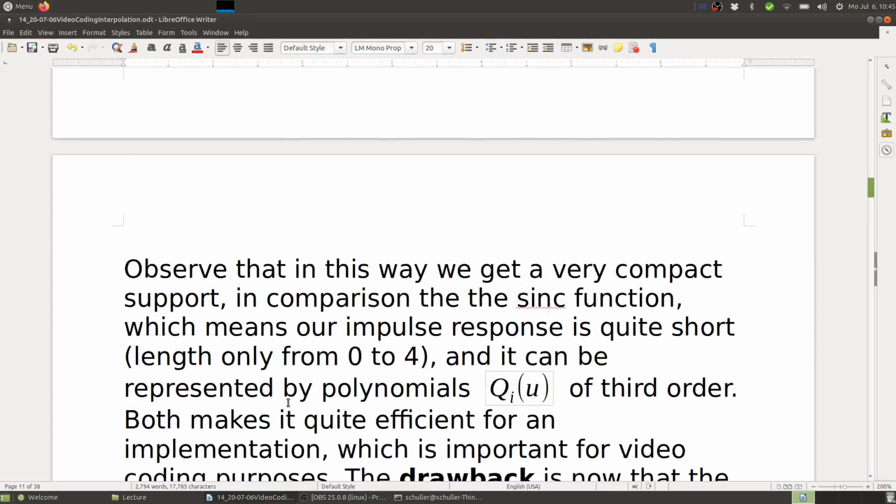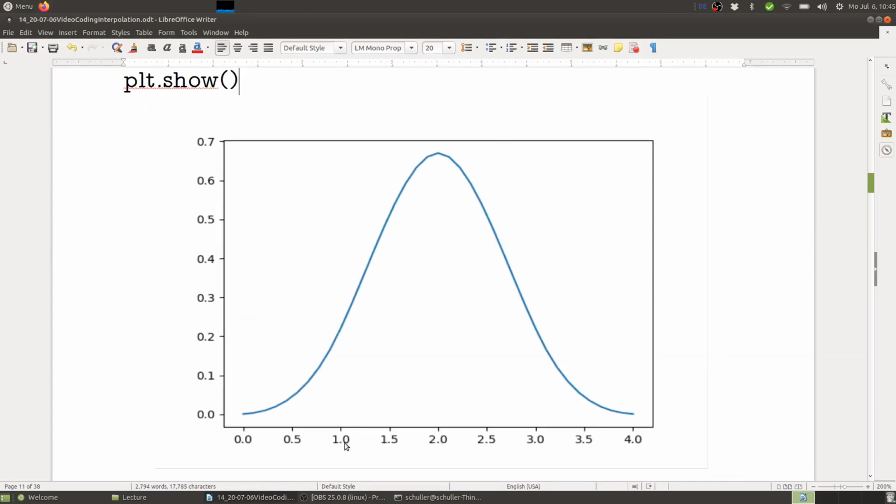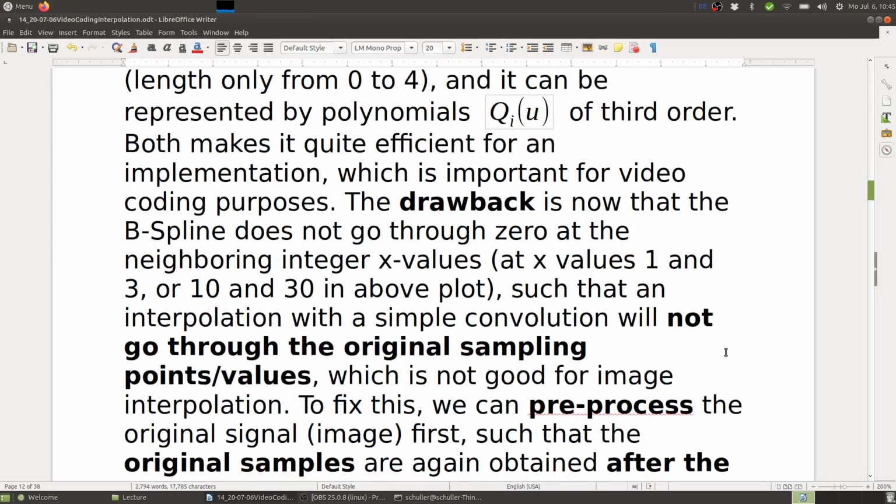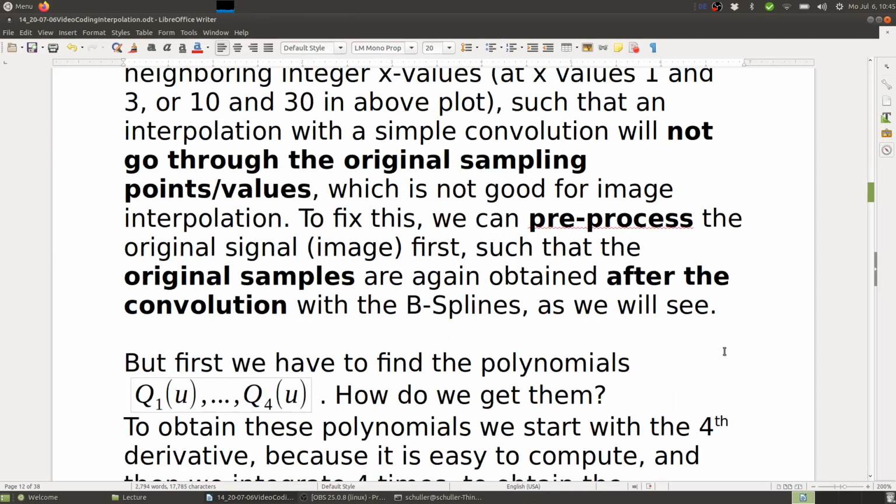Going back here, here is your original sampling point, and at 1 you have a neighboring pixel, and you can see there's influence from the neighboring pixel on the pixel itself, which means it will not necessarily go through the original pixel values. So this is the drawback which we need to fix.